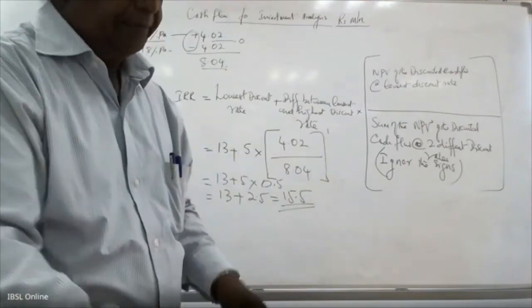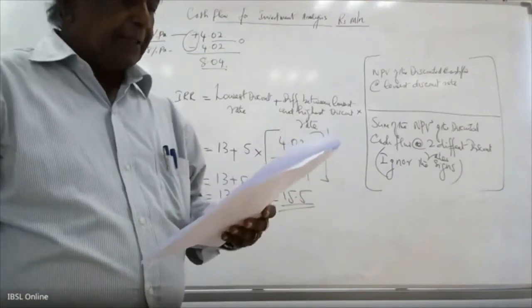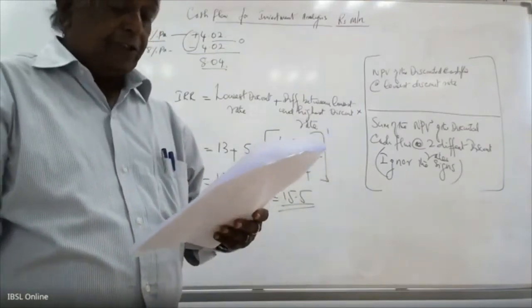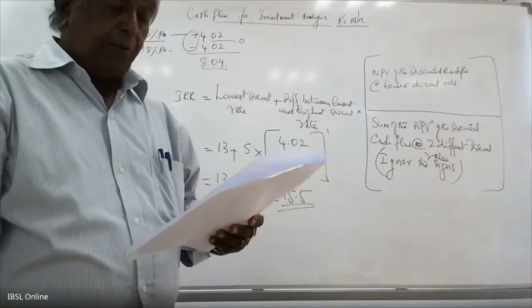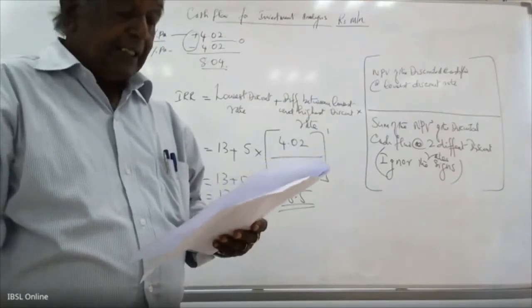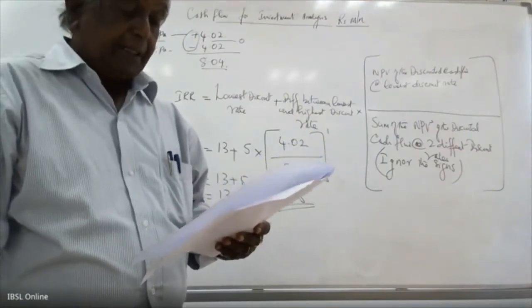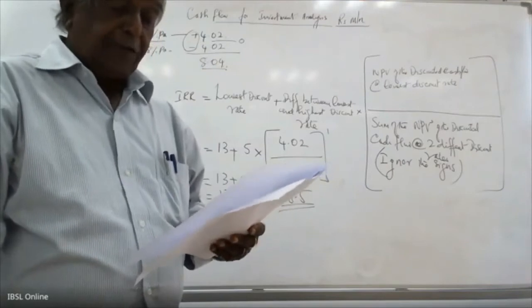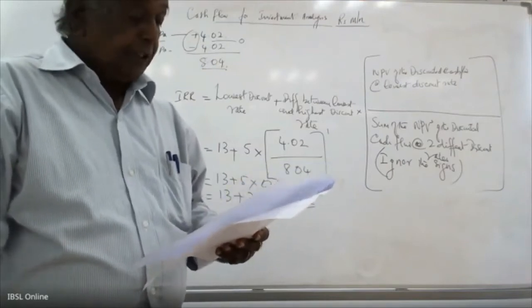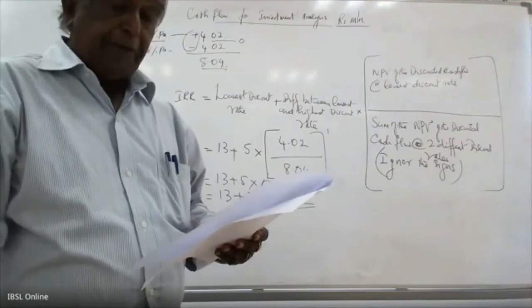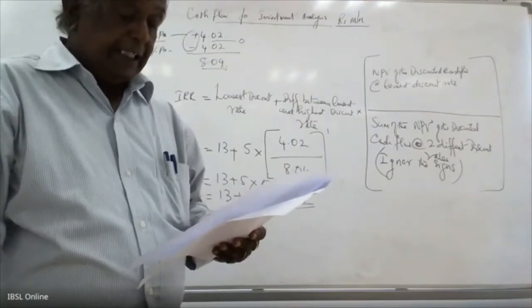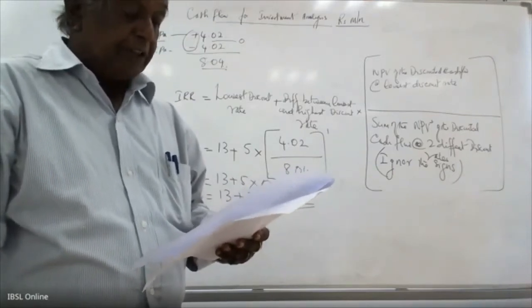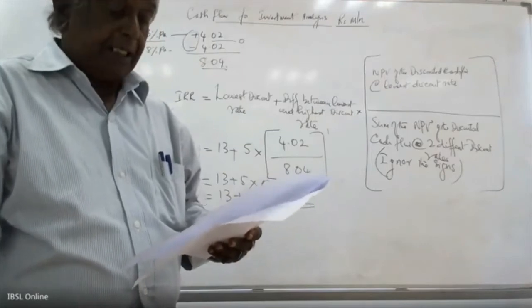Question number 5. ABC Plastic Company Limited has planned to install 2 blow molding machines to increase its production capacity of plastic items at a cost of 8 million. The cost of installation and other expenses will be 500,000. Investment on working capital for this venture will be 3.5 million.